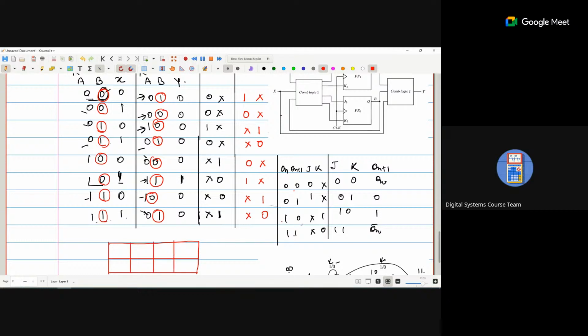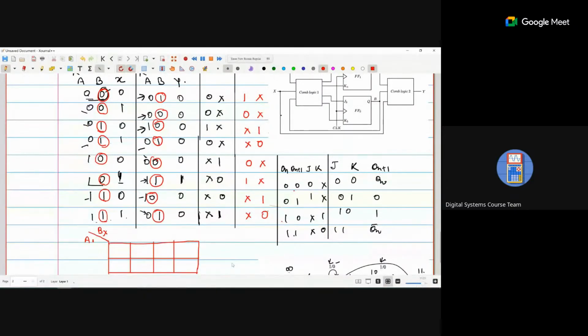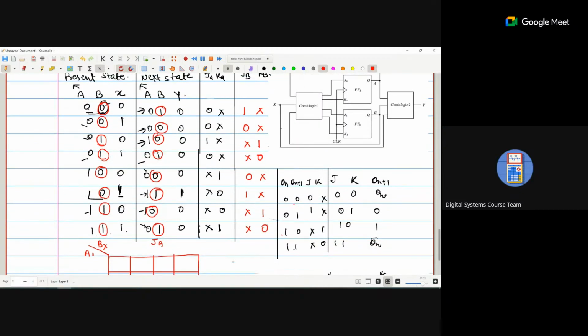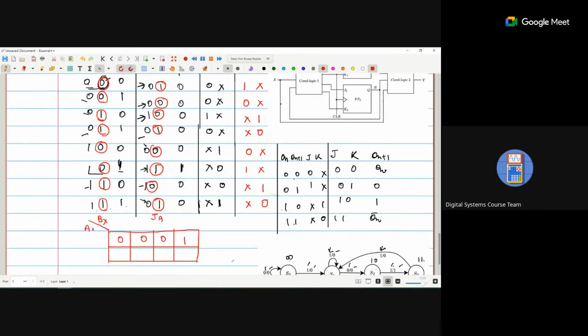One, two, three. The input is A, B, and X. Check in the question what input they are asking. So that is for J. Where it is marked 0, if you see the first term is 0, it is 0, it is 0, it is 1, 0, the remaining are the don't care conditions.